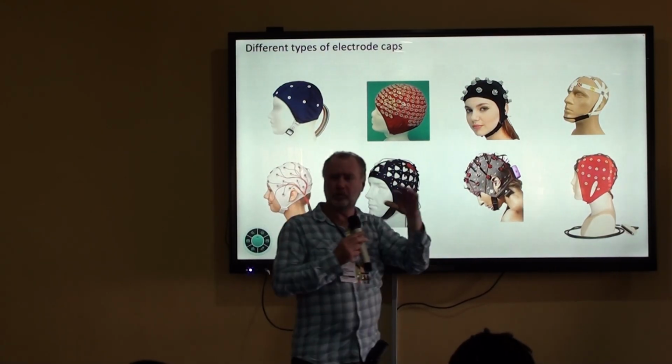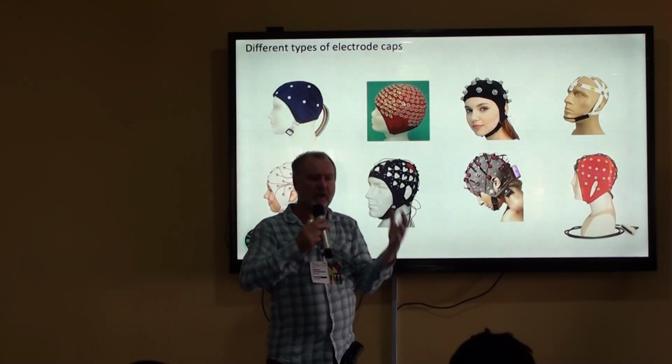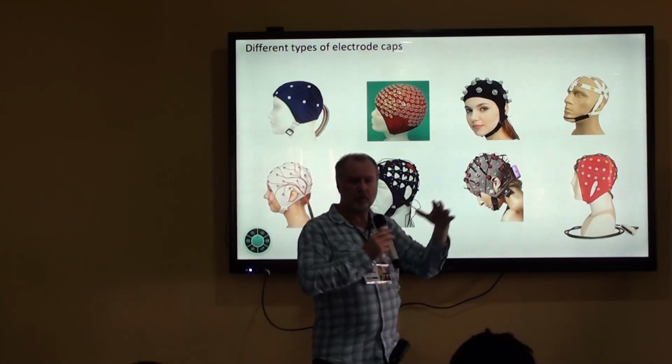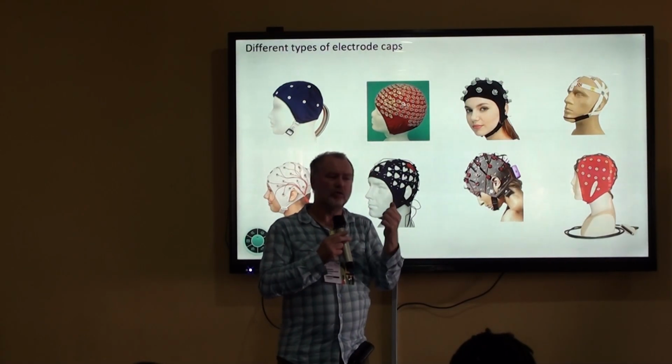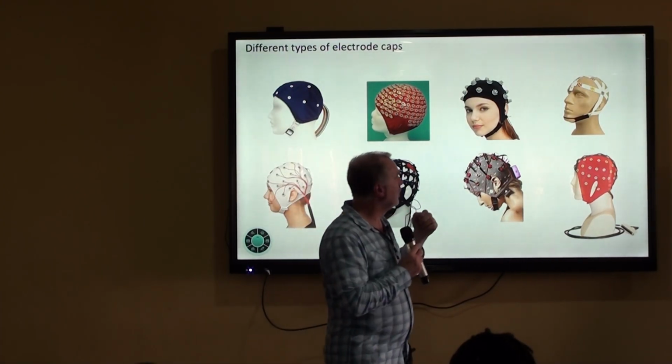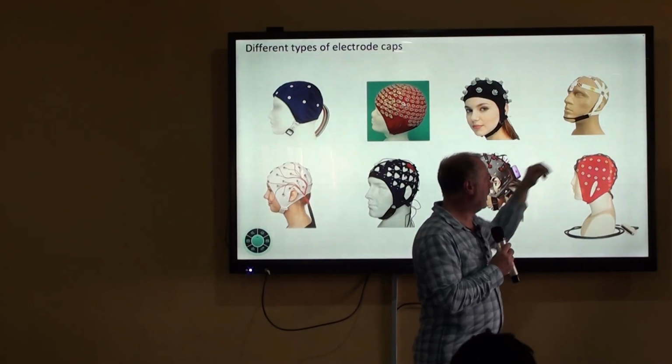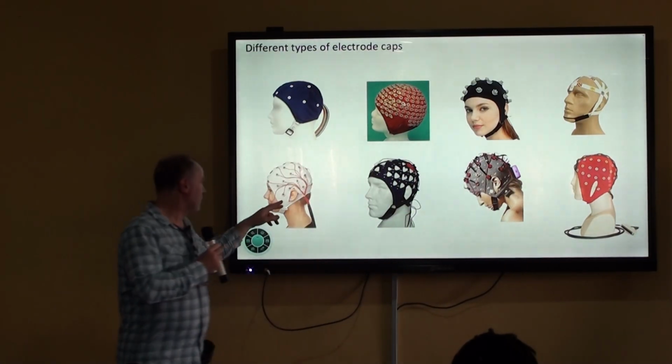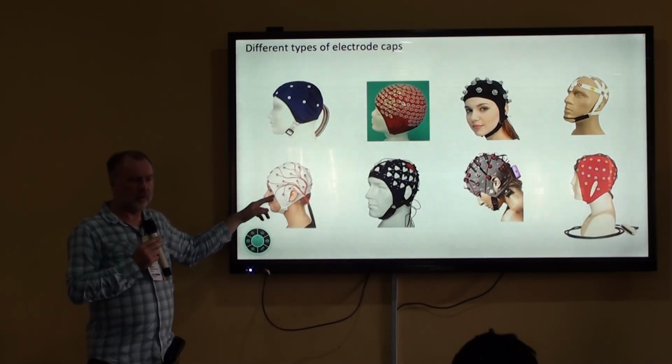Here you see that they've put the sponges in a regular cap. In this case, you don't soak the whole cap, but you just use a syringe to drip a little bit of water on each of the electrodes. This is just if you have a few electrodes. These are the caps that we used a lot in the past with the ring electrodes.